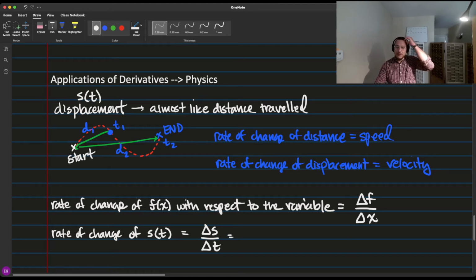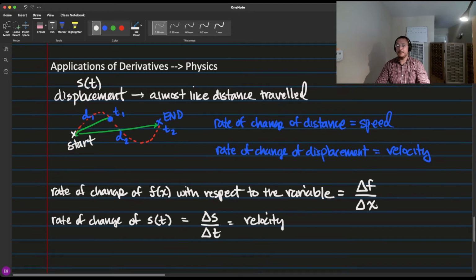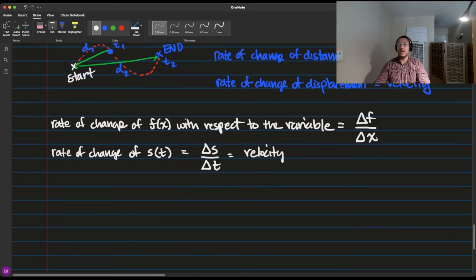So, what is the name for the rate of change of displacement? We just said it. Yeah, so that's what velocity is. Velocity is the change in displacement over your change in time. Which is actually really interesting because this basically comes down to a derivative.